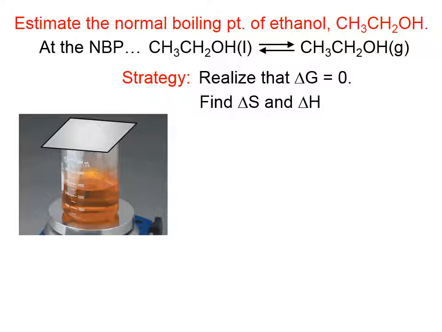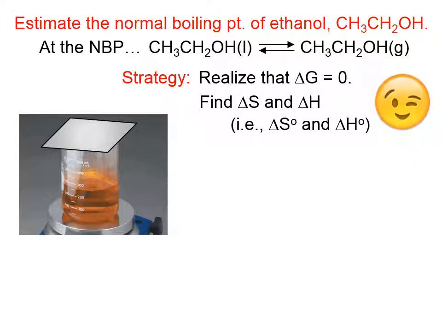So what we're going to do is find delta S and delta H. In other words, we're going to find delta S naught and delta H naught, because delta S and delta H at any random temperature aren't much different from delta S naught and delta H naught at 25 degrees Celsius.